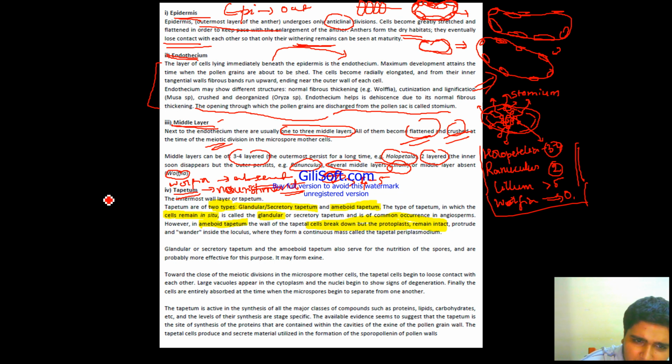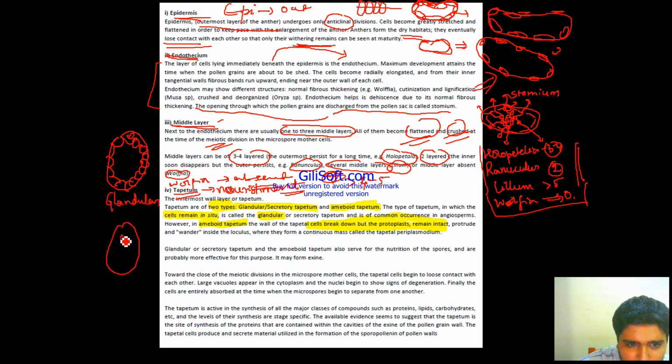If this is the anther wall, and these are the tapetum, and the tapetum forms this kind of structure, all connected, then I call this glandular. Whereas if the cells are broken and lie inside, then we call this amoeboid.